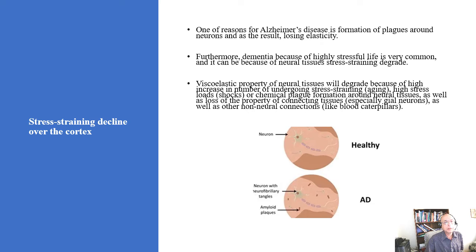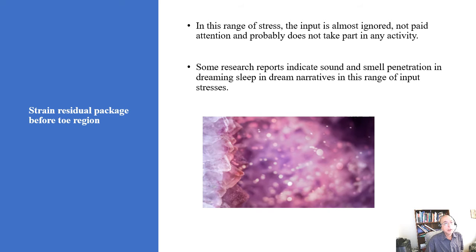Furthermore, chemical plugs like in Alzheimer's disease and or fatigues of tissues may seriously affect viscoelasticity. A typical stress straining curve indicates how much straining will happen where stress force impacts the tissue.